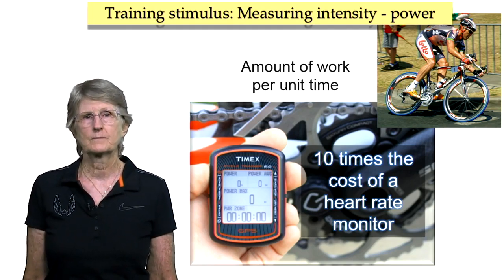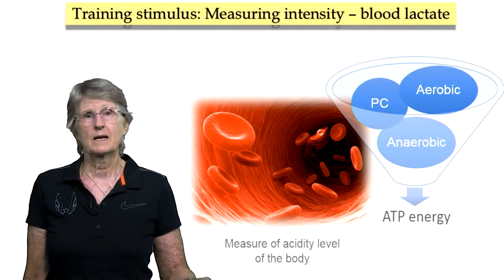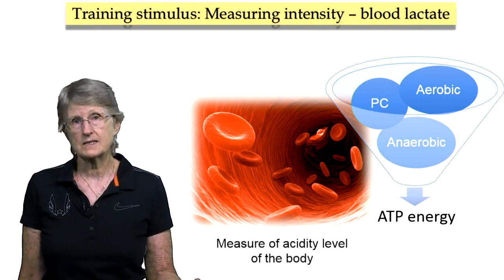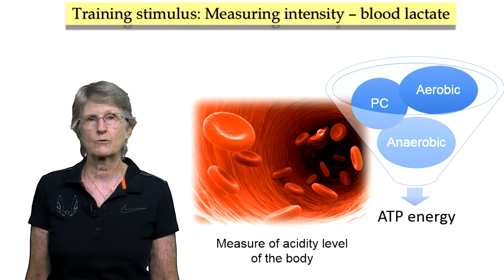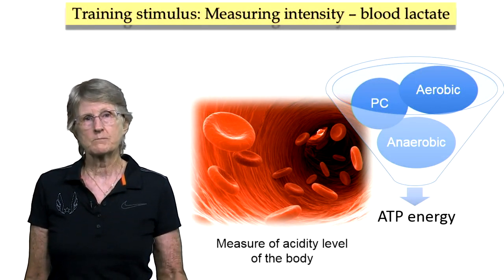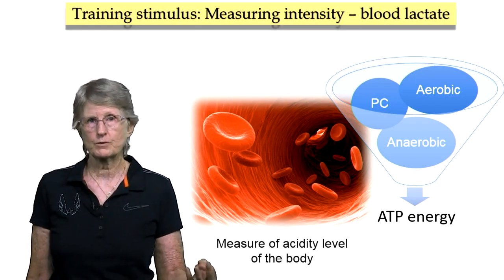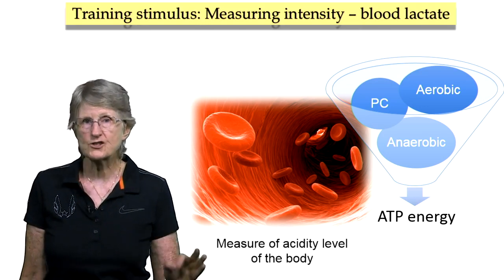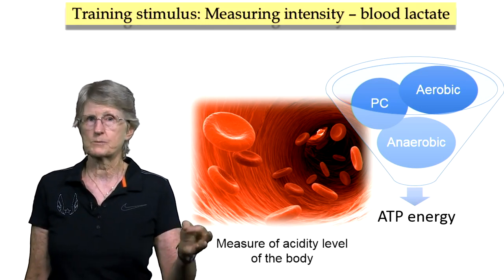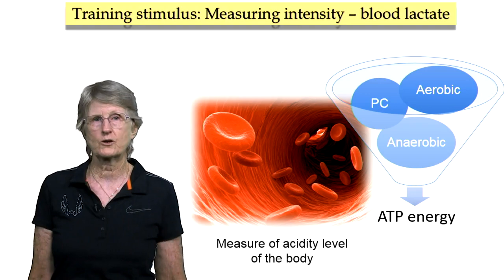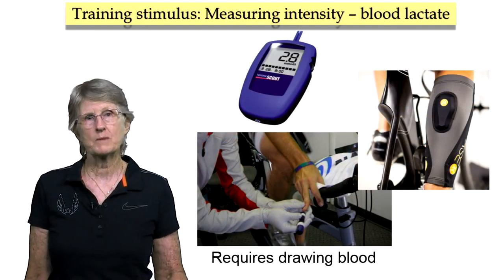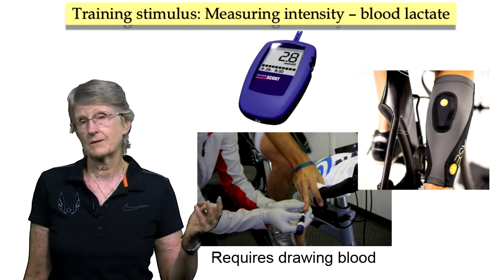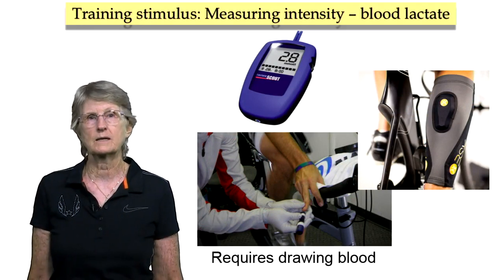Now, blood lactate is a measure of acidity levels of the cells and blood, and we'll talk a bit more about this later on in the course. This measure of intensity also provides an assessment of the strength of the energy systems, which is why it has been used by coaches. Until recently, lactate measurement required drawing blood, and this was the downfall of this technique.